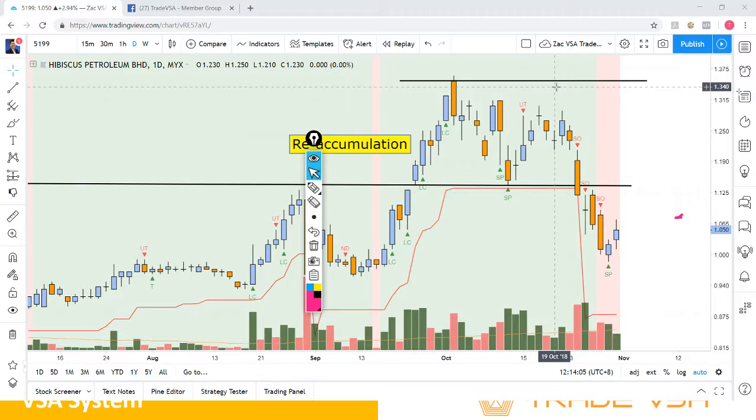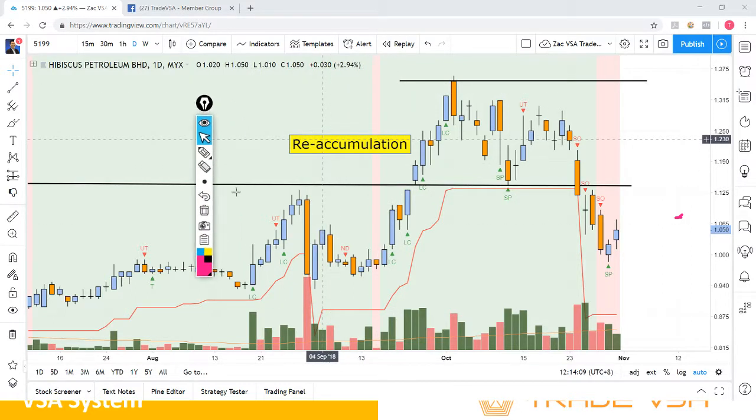So it depends on how you enter. Assuming you enter somewhere around here, by applying your income cash method, I would take maybe 2 profit already. So it depends on your trading plan and what is the signal that you enter.